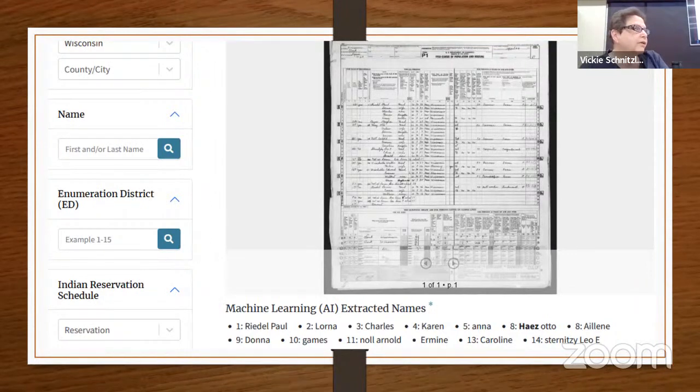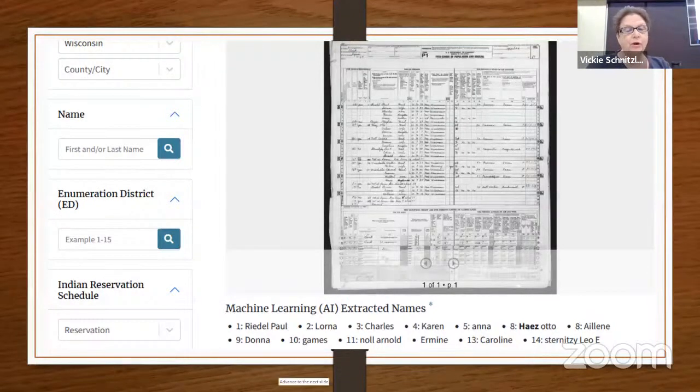There's a misspelling there, and so that's something that needs to be corrected. We'll take care of that a little bit later. My mom's name is Arlene, and they have Aileen or Eileen, however you want to pronounce that. My sister is on line 9, and they have Games instead of James for line 10. So a couple things might need to be fixed, and I can go in and correct that.